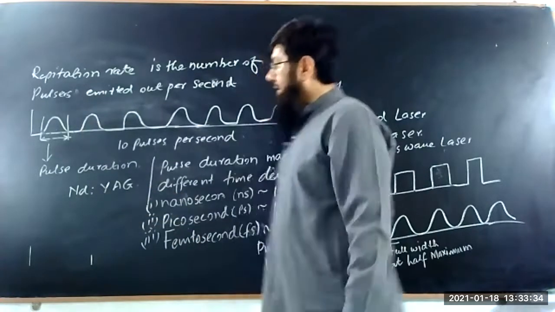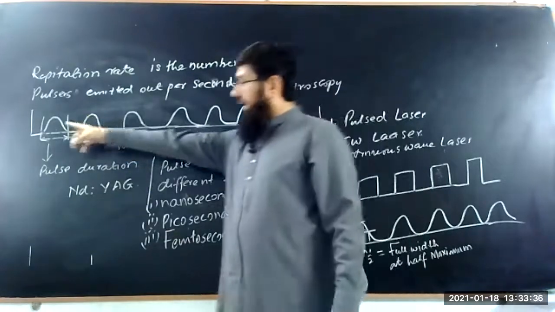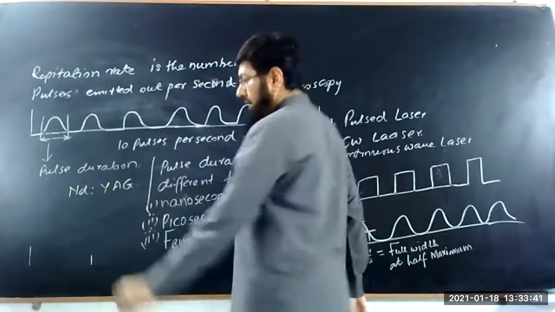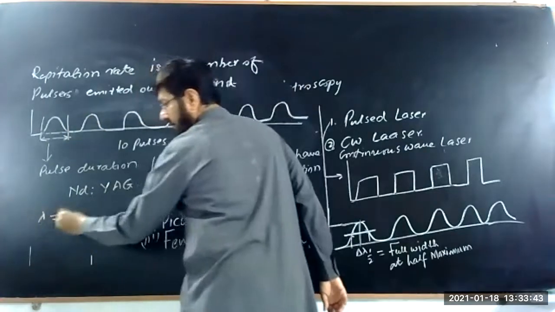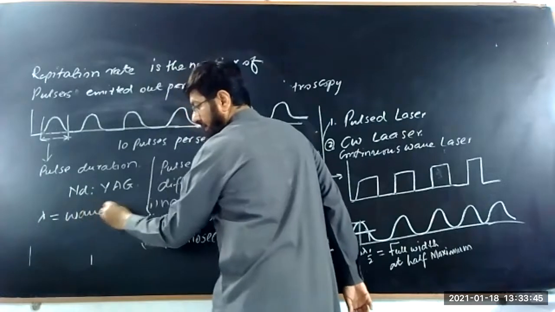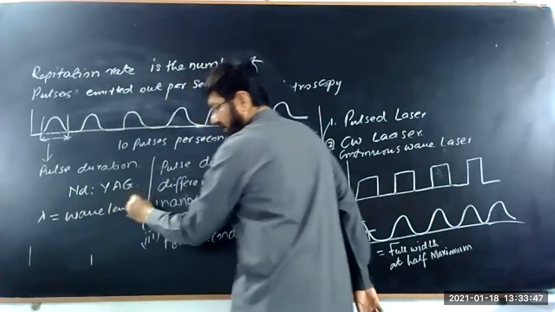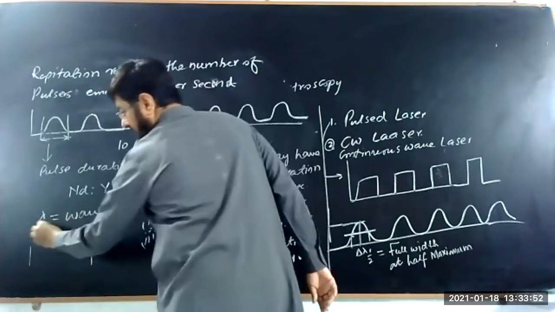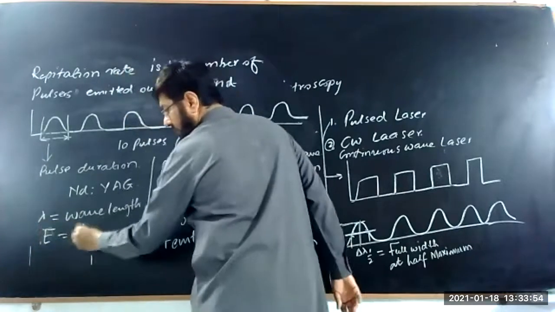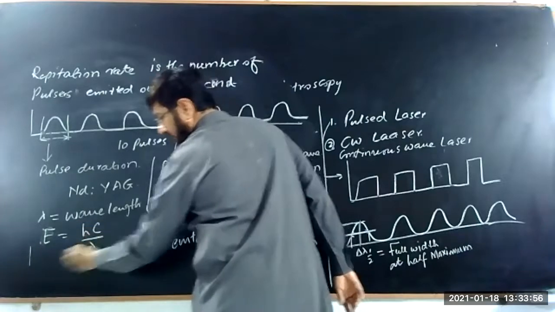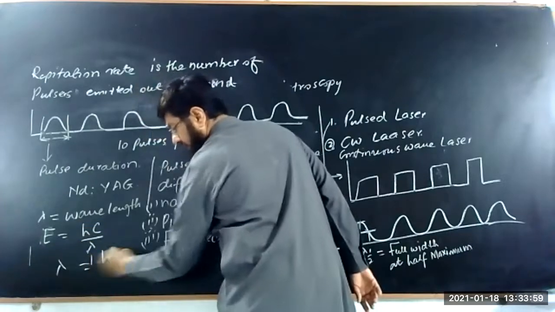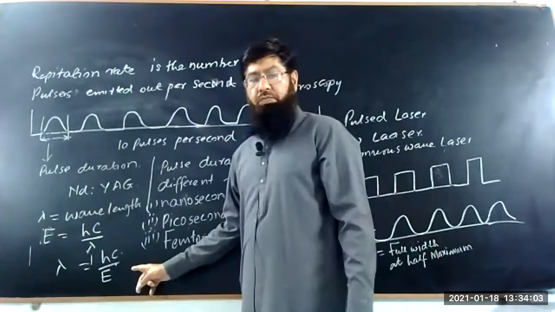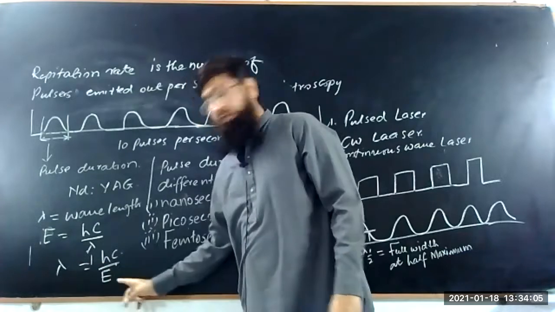Clear? So, as a result, you know that the energy is related to the wavelength. Lambda is the wavelength of the laser, and you know that E is equal to hc over lambda, and lambda is equal to hc over E. So E is the energy and lambda is the wavelength.